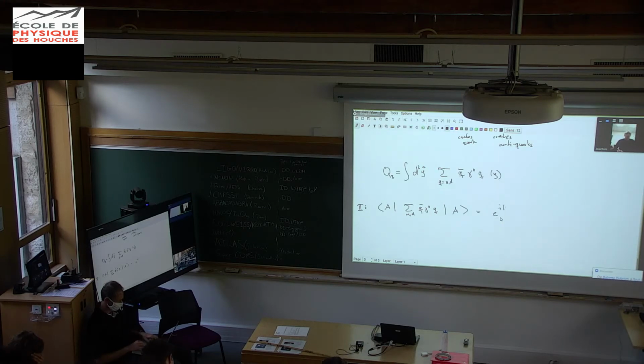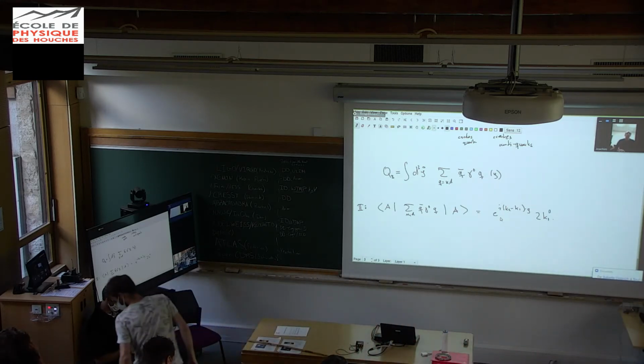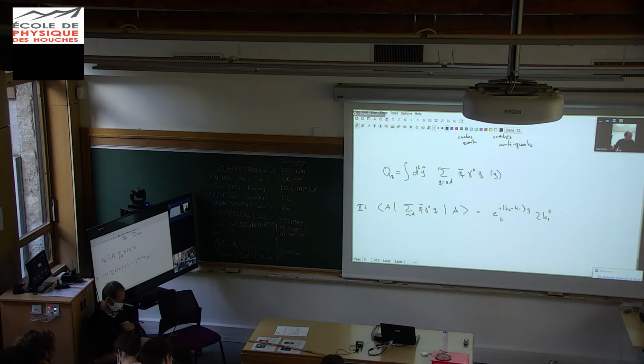If you're interested in this exponential factor, then you have to pay a little bit more attention to the details, and this is explained in the lecture notes. I'm not doing this here; it costs too much time. But essentially, there's a normalization factor, which is just 2 times the zero component of the momentum. It's just the zero component because we take only the zero component into account.